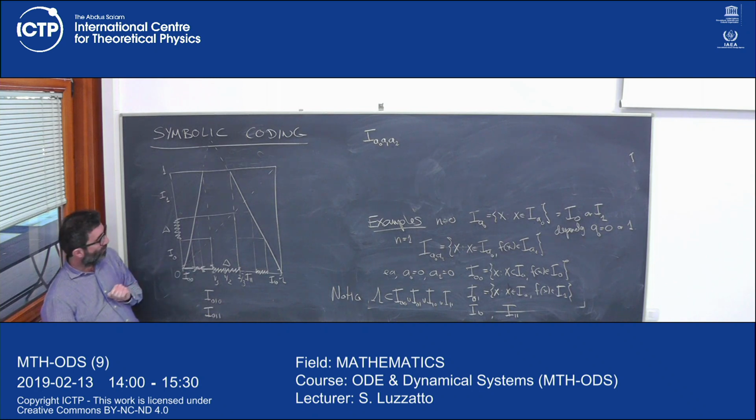We have to project, for instance, this small interval, which is between I00 and I01, and we should notice that the points in I01 cannot lie in this projection. Do you understand?